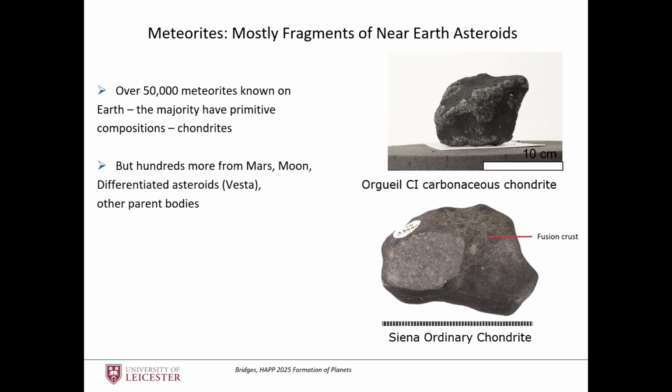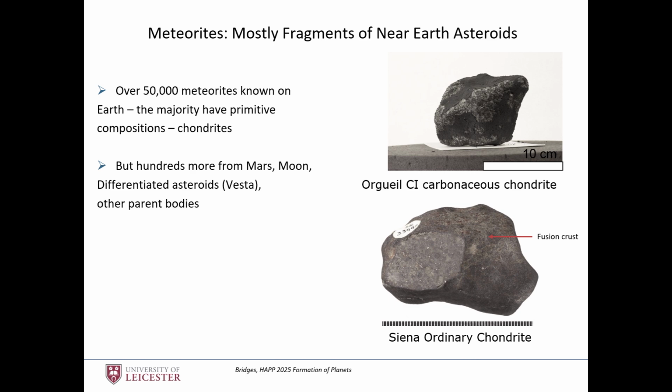So a few key points. Fusion crust, that's important. When meteoroids and then meteorites come through the Earth's atmosphere, it's really only the outermost fraction of a millimeter, the fusion crust, which melts and fuses very rapidly. The inside, happily for us, stays cold and unaltered, and by the time the meteorite hits the ground, it's cold as well.